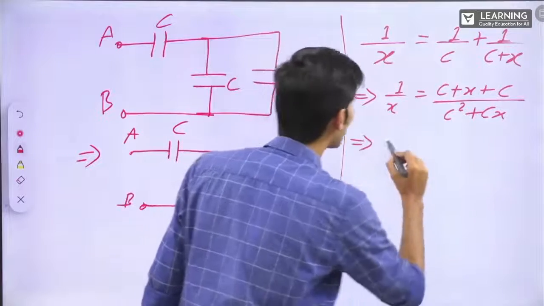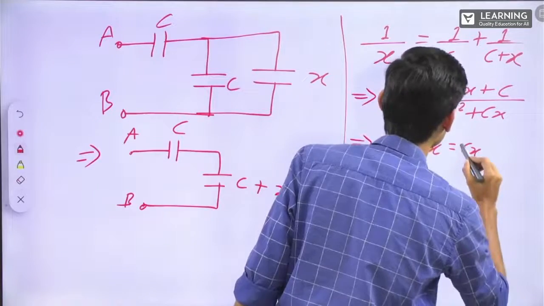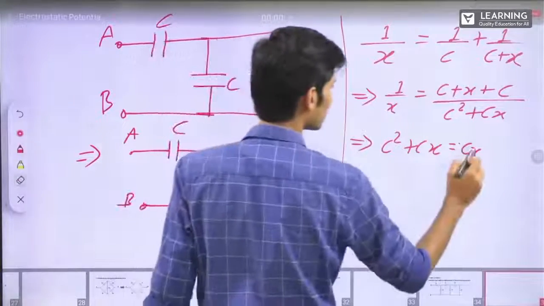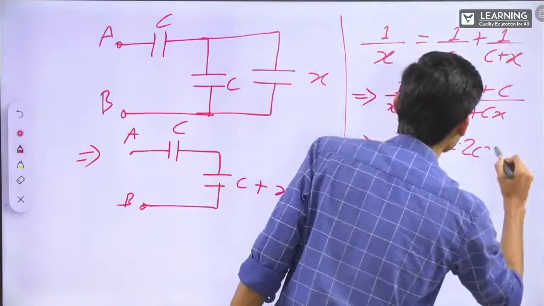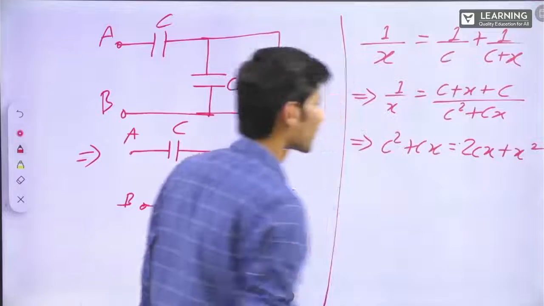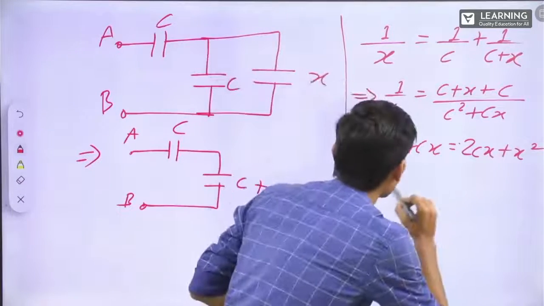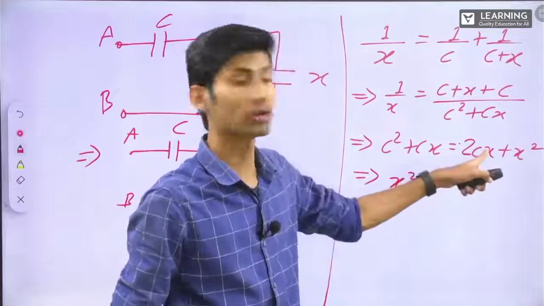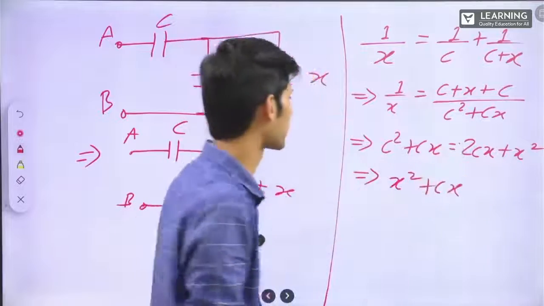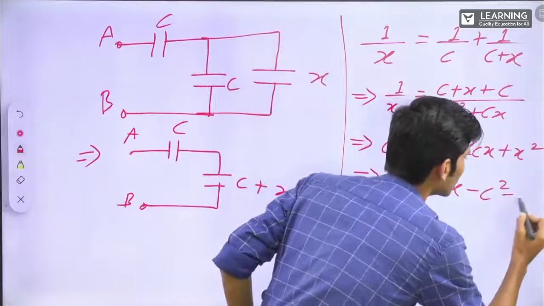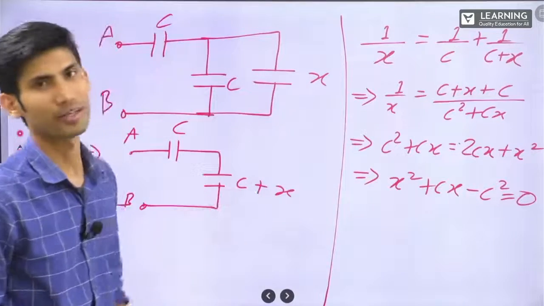From here, if I cross multiply, C square plus Cx is equal to 2Cx plus X square. Now from here, X square, this Cx, if it goes here, it will be plus Cx. 2Cx minus Cx is Cx. And this will be minus C square is equal to 0.